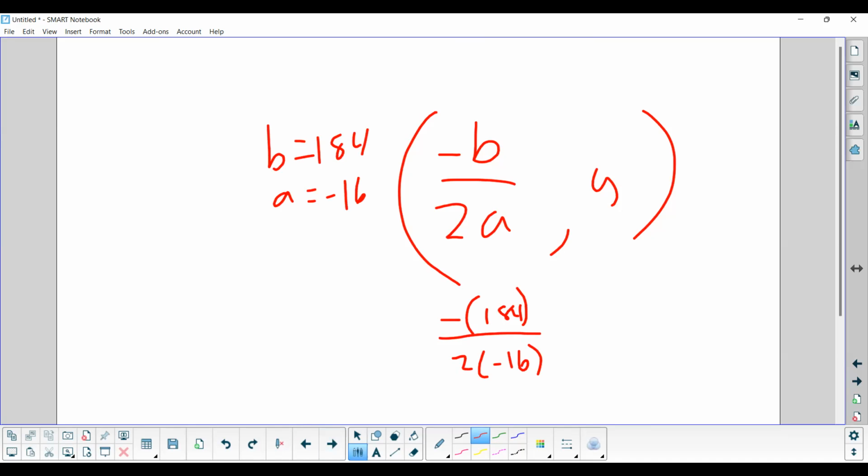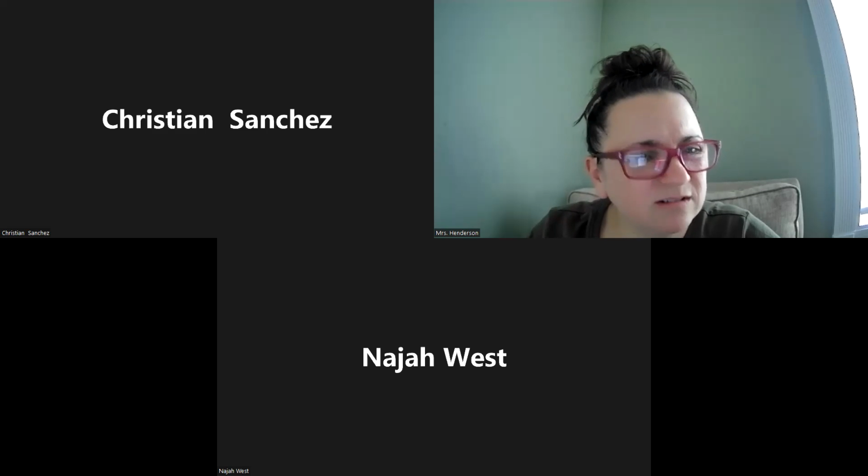I could do that math. 184 divided by 32. Oh, it is. It's 5.75. So this happens to be the actual vertex, which would be the axis of symmetry. So the answer to your question is yes, it is the same as the axis of symmetry, but only coincidentally. They didn't necessarily say that this was the maximum point, but in this case it was. Does that answer your question? I hope it does.